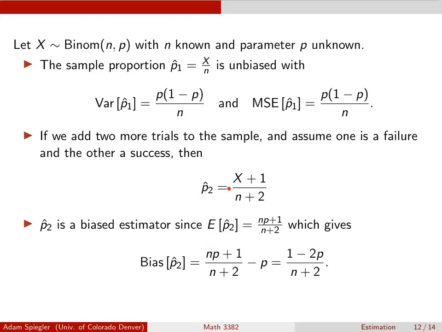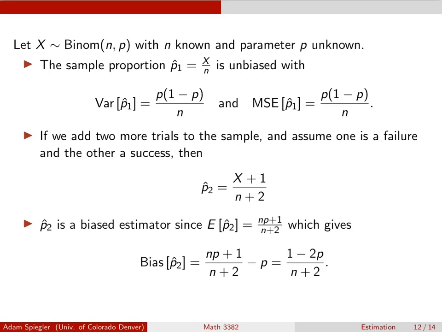So if I were to calculate the expected value of this, I would get (n times p plus 1) all divided by n plus 2. And so that's over here. If I were to calculate the bias of this estimator, I would take its expected value minus the parameter that we're trying to estimate. And so if we simplify this difference, the bias of this second estimator is (1 minus 2p) over (n plus 2).